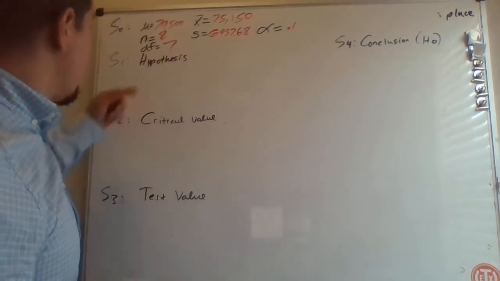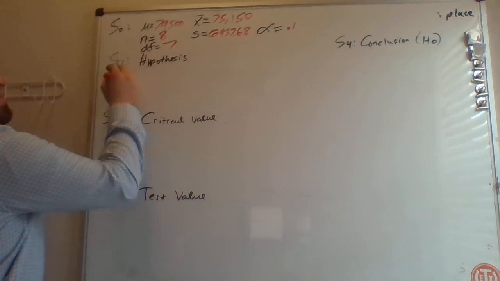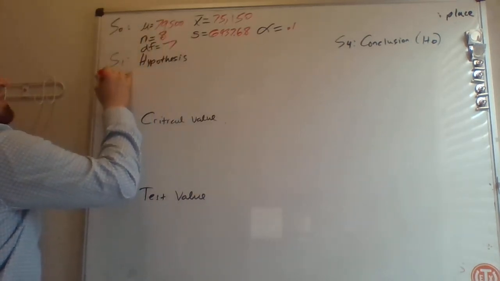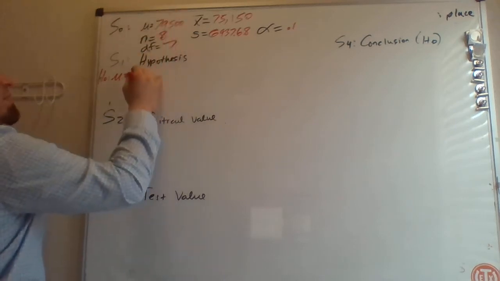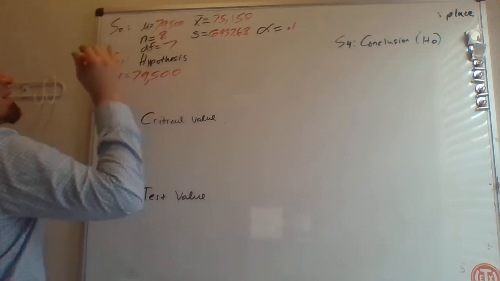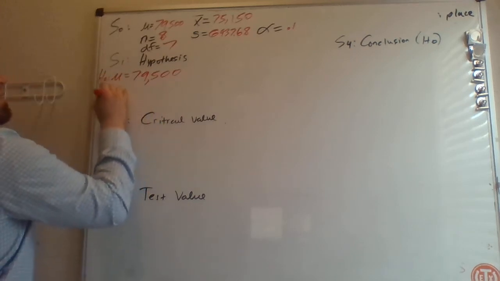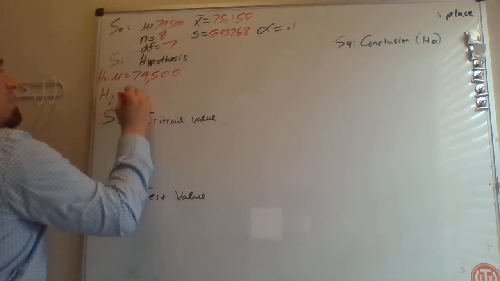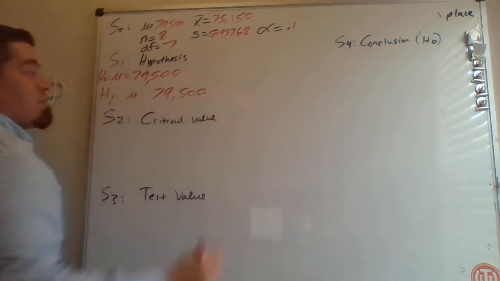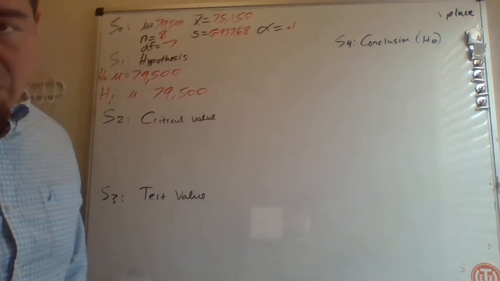So first we're going to get the hypotheses. Again, I always say don't think too hard here. The null hypothesis is just your population parameter there, $79,500. For the alternative, we know the number is going to be the same and the variable is going to be the same, but we want to determine if it's less than, greater than, or not equal to.